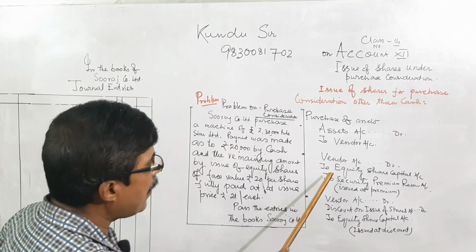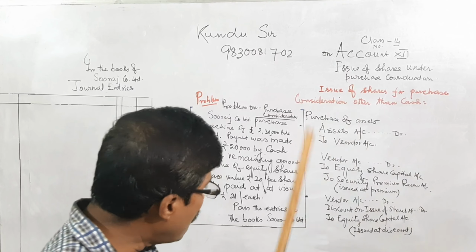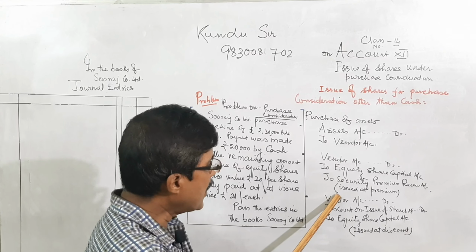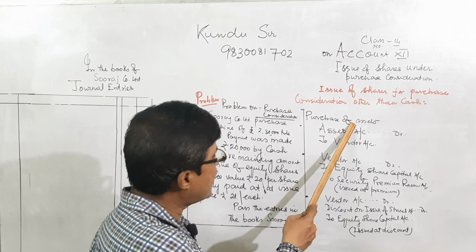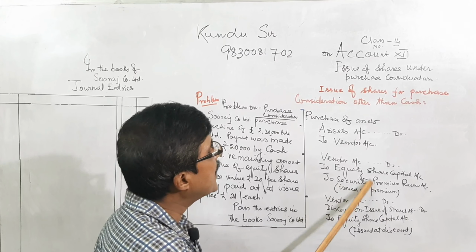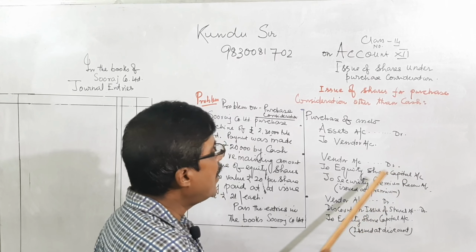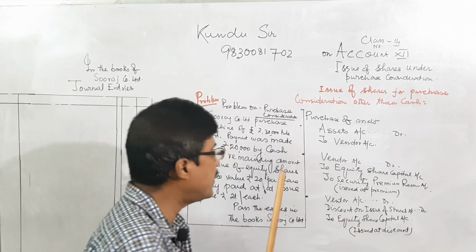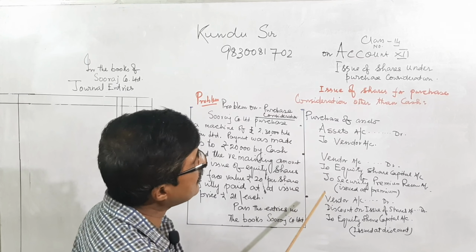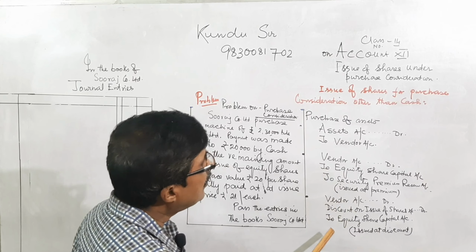Then vendor account debit to equity share capital account and securities premium reserve account when the shares are issued against the purchase consideration, that is to the vendor, the company is issuing shares at a premium. Then vendor account will be debited and equity share capital account is to be credited and securities premium account is to be credited in case of premium.